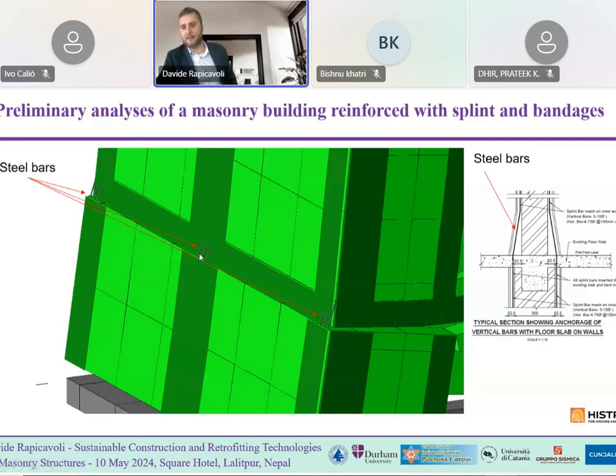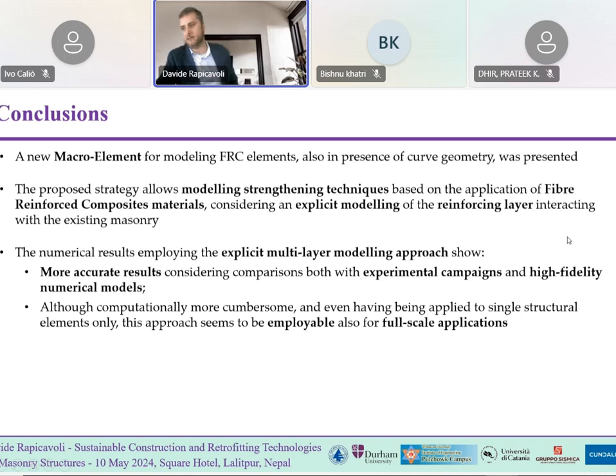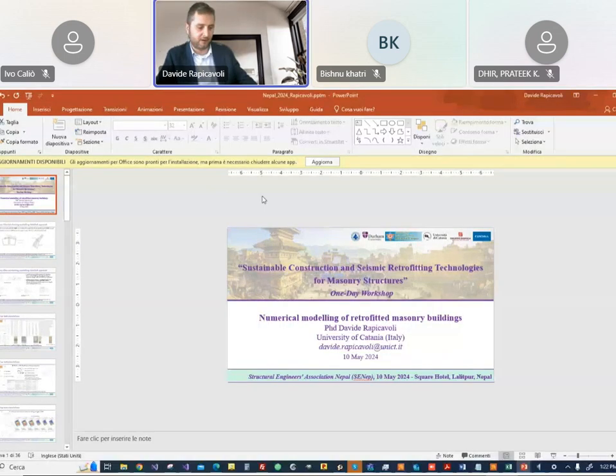This is applied by means of the introduction of steel bars that simulate the connectivity and reinforcement between the two floors. So I thank you for your attention.